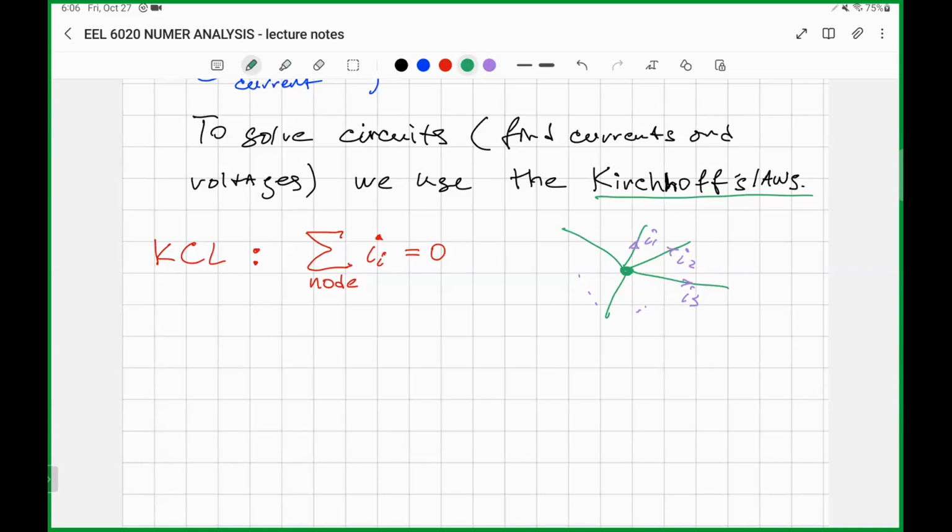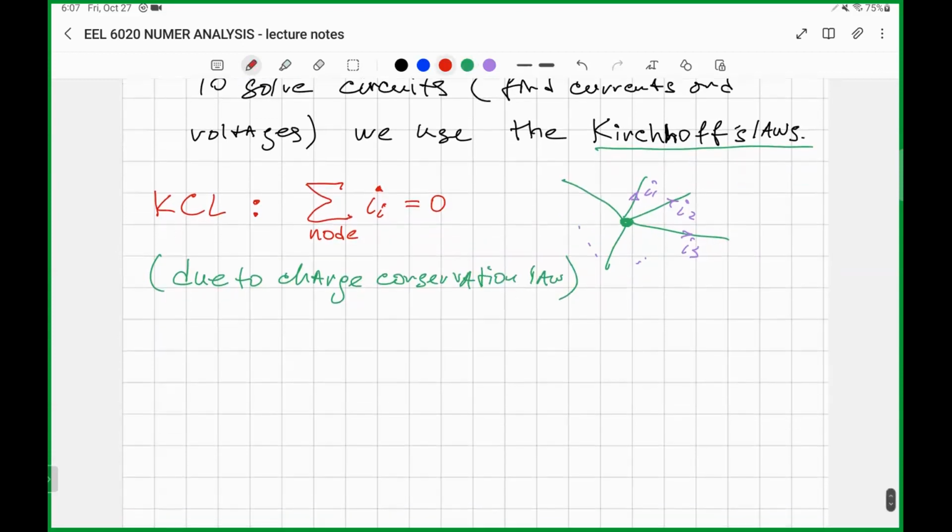So the number of charges that goes into this node is equal to the number of charges that goes out from this node. So we can denote it by this, due to charge conservation law. This is the first one.